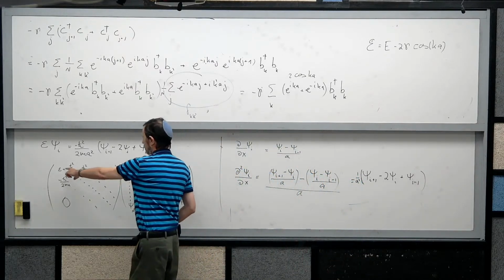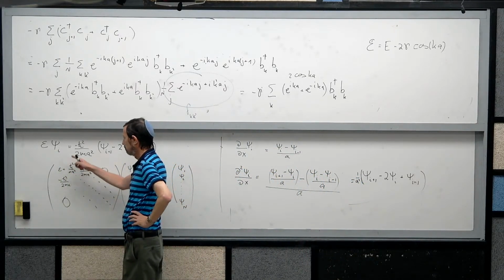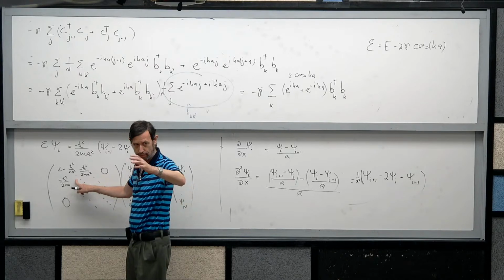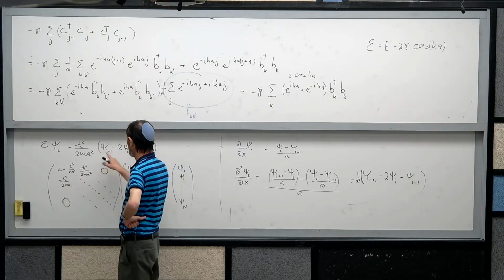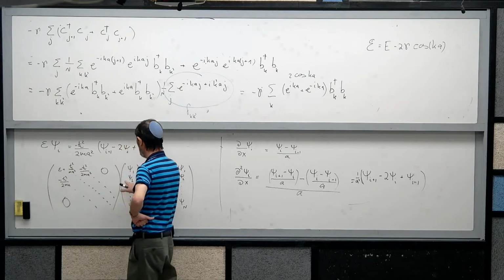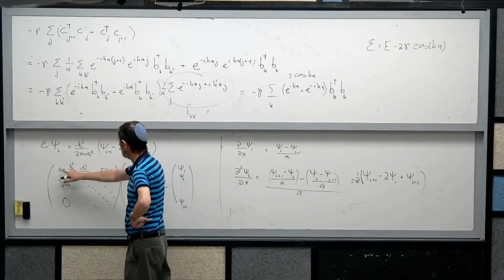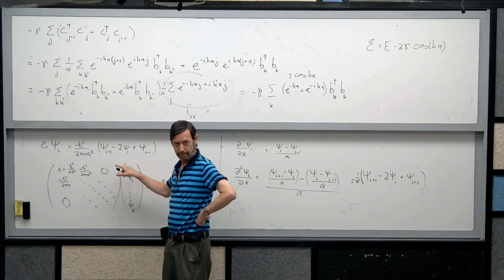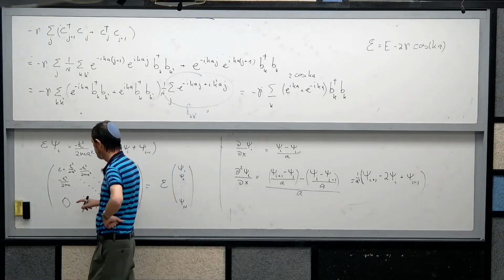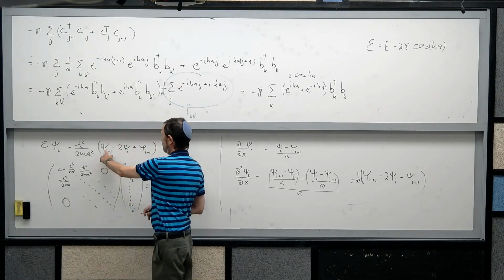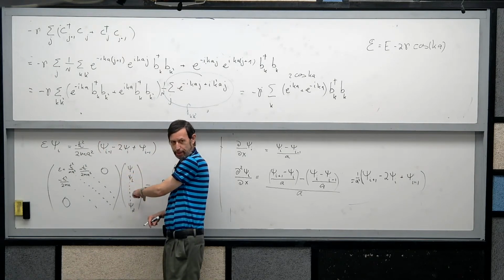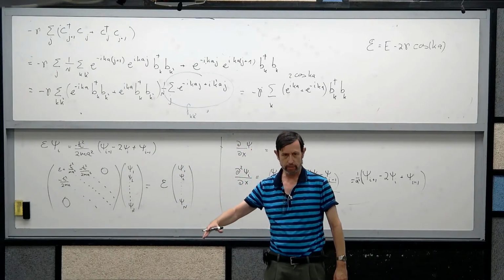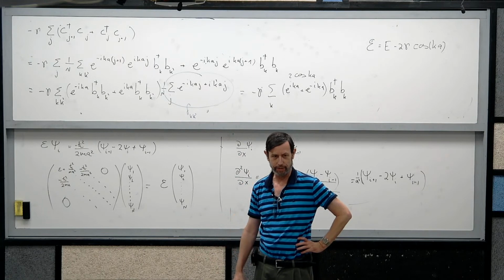Why? Because let's choose some point here, psi 2. Psi 2 has E plus this term, minus the value of the one above it and below it. So these are the two terms next to the main diagonal.